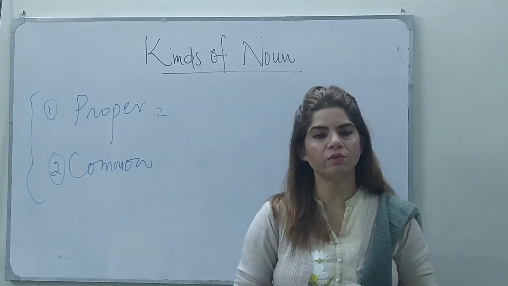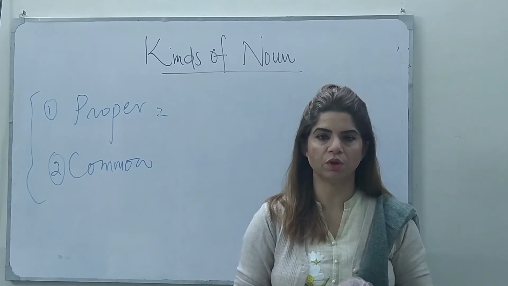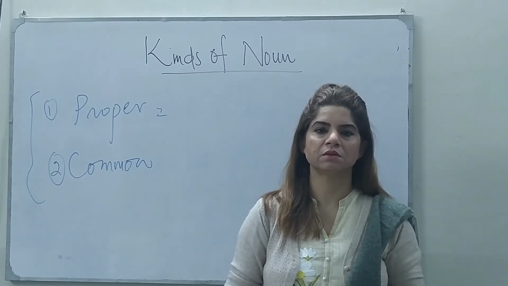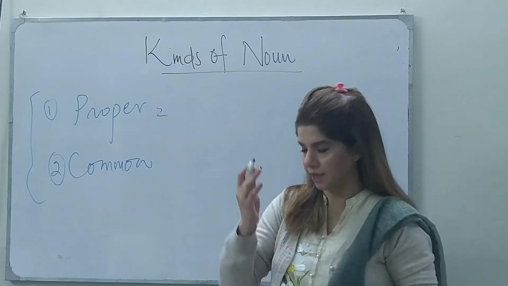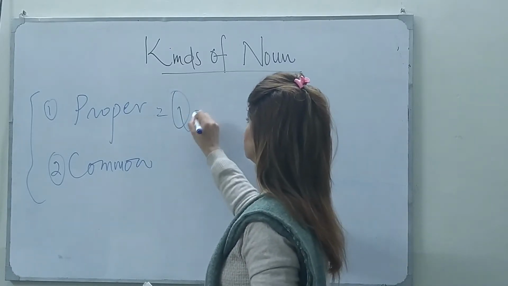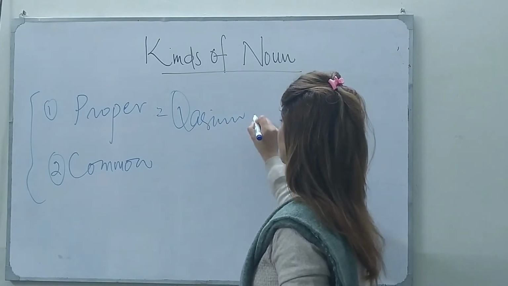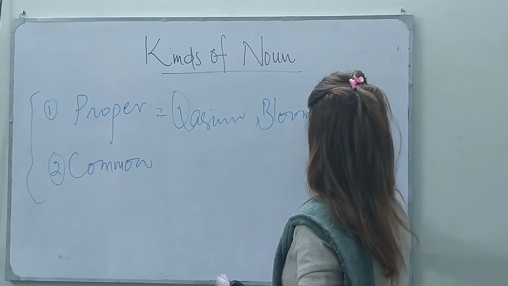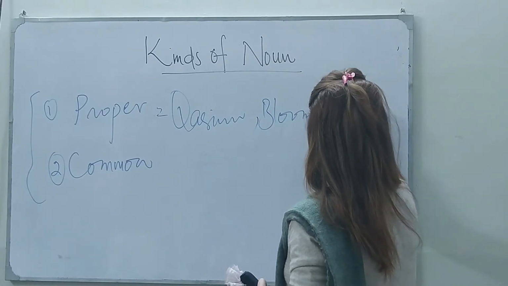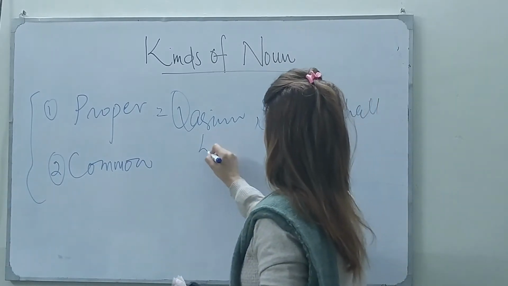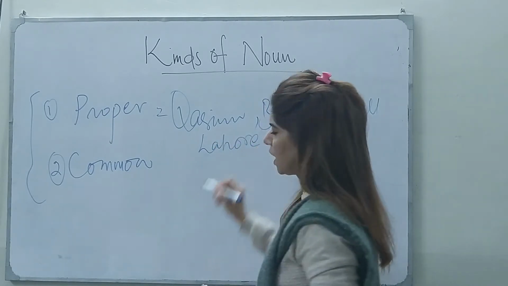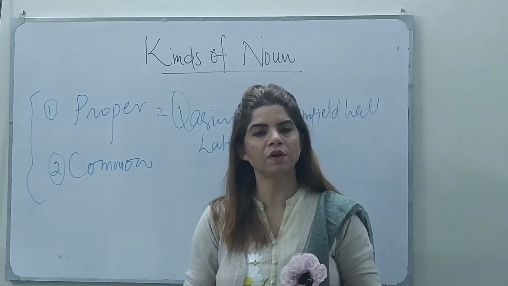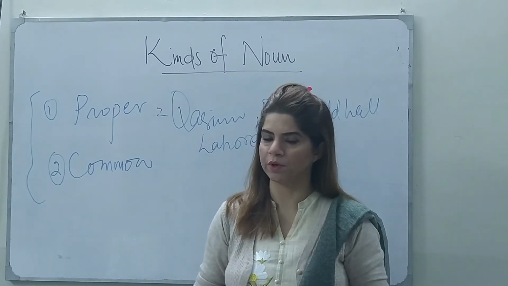Proper noun is always about an individual, a specific place, a specific person, like Qasim, Bloomfield Hall, Lahore. If any person, place, individual has a specific name, it will come into the category of proper noun.